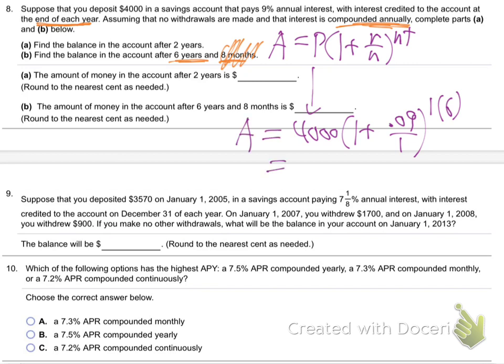Hit the buttons. I'll do it too. I'm getting 6708.40. So the answer is 6708.40.